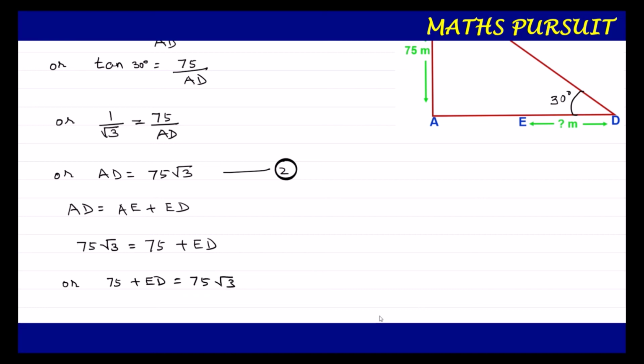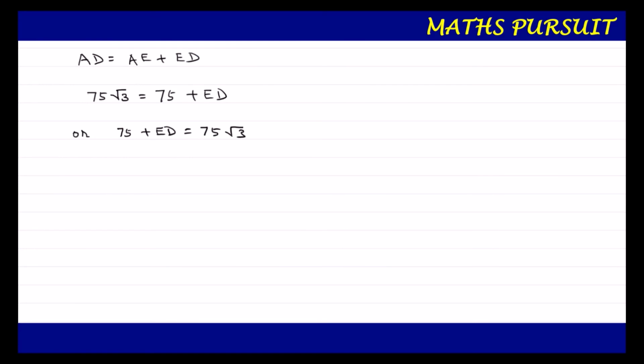Just solving these equations, I can write ED is equal to 75 root 3 minus 75. Taking 75 as common, ED is equal to 75 into root 3 minus 1. So that is our answer, guys.